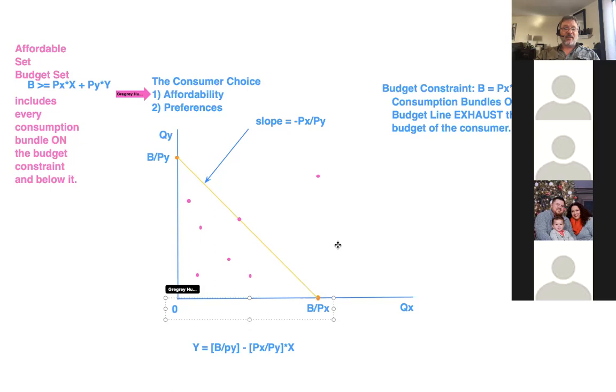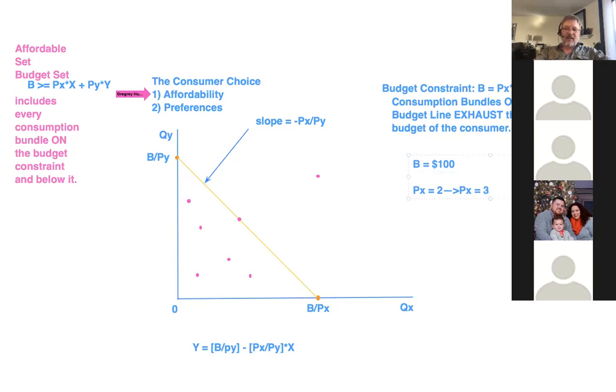I understand, yeah. Because all we'd have to do to make it a little bit more concrete, right, is we put in some numbers. B is equal to $100, right? And then price of X is equal to 2, right? And then have the price of X increase to the price of X is equal to 3, right?